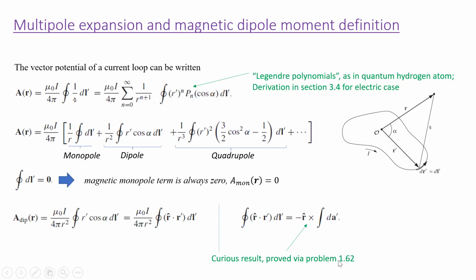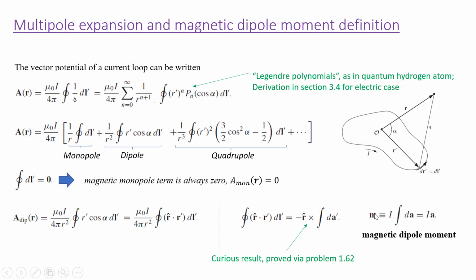It's actually a problem, 1.62 in the fourth edition of the textbook, and except to say that it must have to do with Stokes' theorem, because we have a line integral being equal to the integral of something over a surface which is bounded by the line. Okay, we won't prove that here, but we're just going to use it.